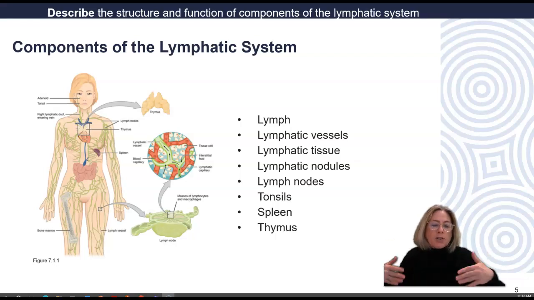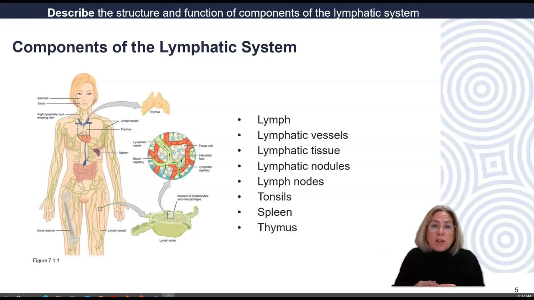So if you think of the arteries and veins like your highways or freeways going through the body, the lymphatic system is a little bit like the side roads that kind of course along the same sort of path.